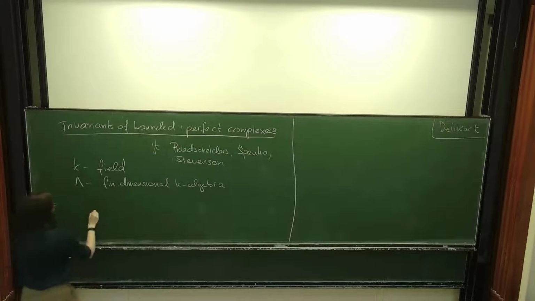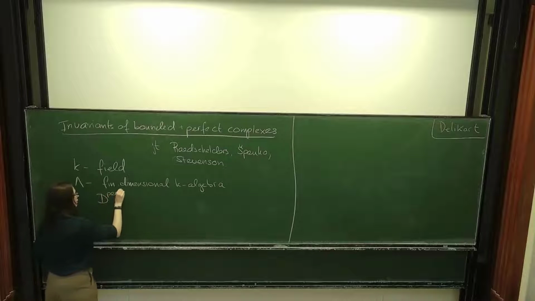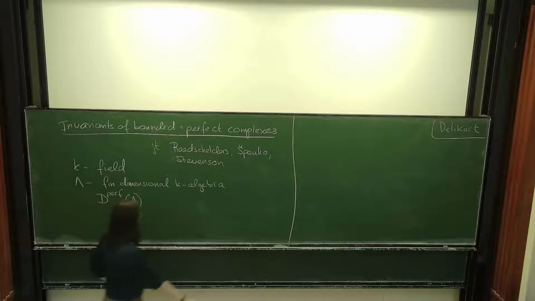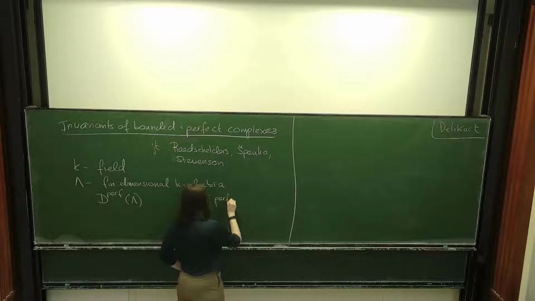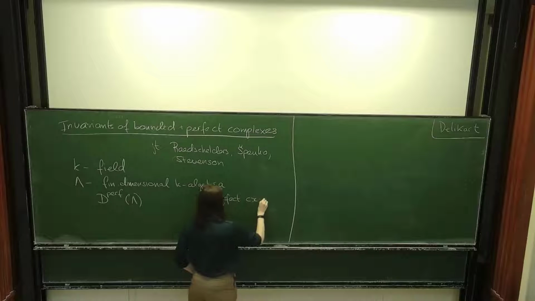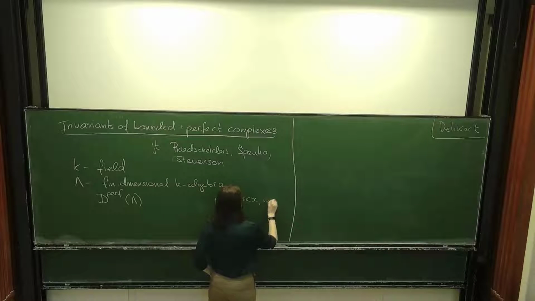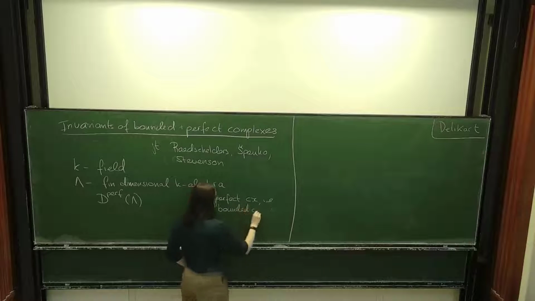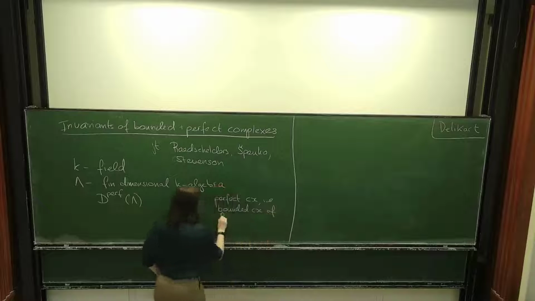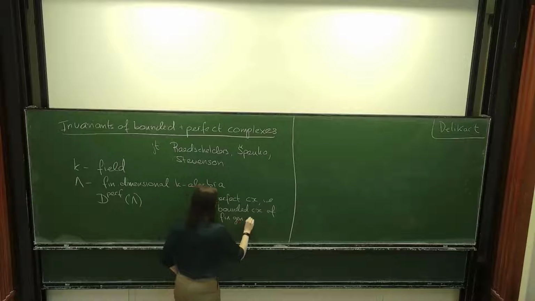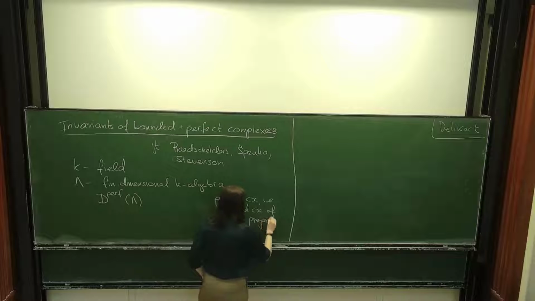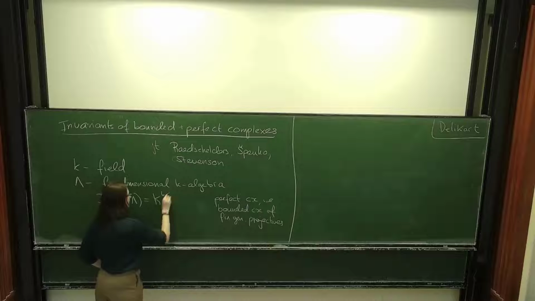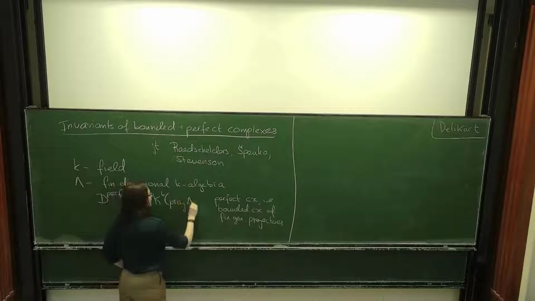First, we have the derived category of perfect complexes of lambda. So these are just the perfect complexes, i.e. the bounded complexes of finitely generated projective modules. So that's just K^b(proj lambda).